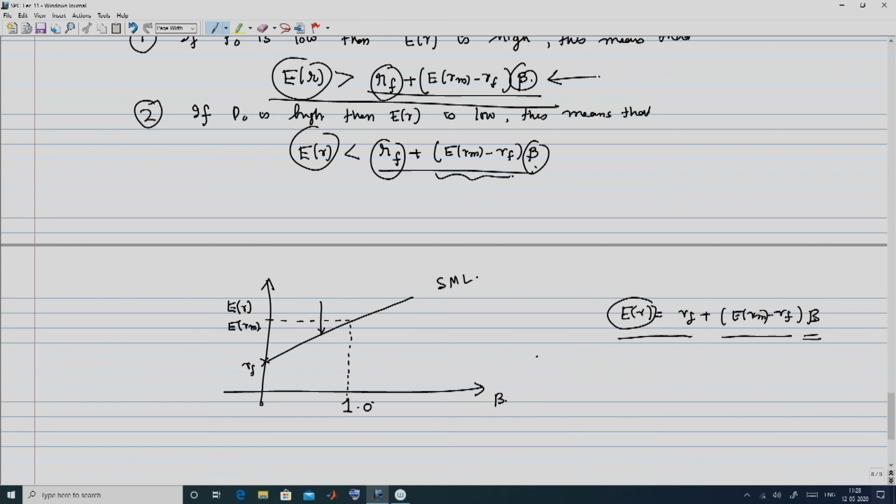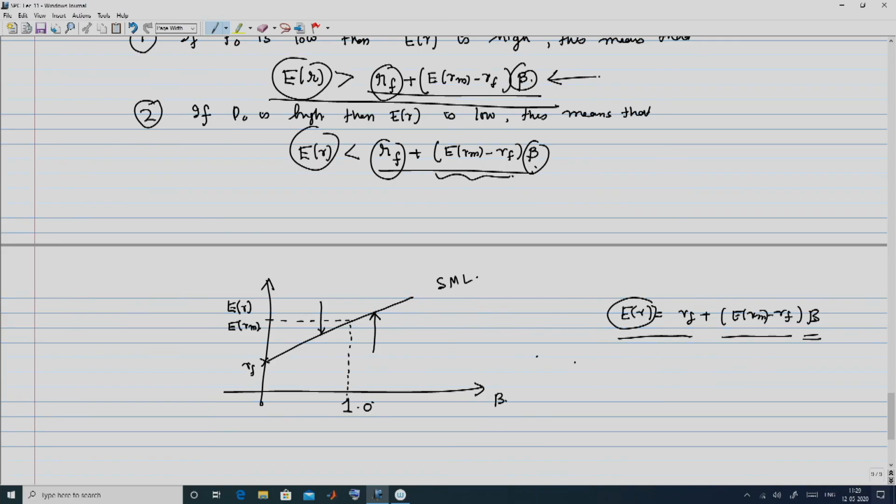That means that the price is low and the price has to increase, and the market will correct itself to increase it. Likewise, when I have E of r less than the SML value, then this means that the price P naught is too high, and then it needs to come down in order to attain the market equilibrium given by CAPM.